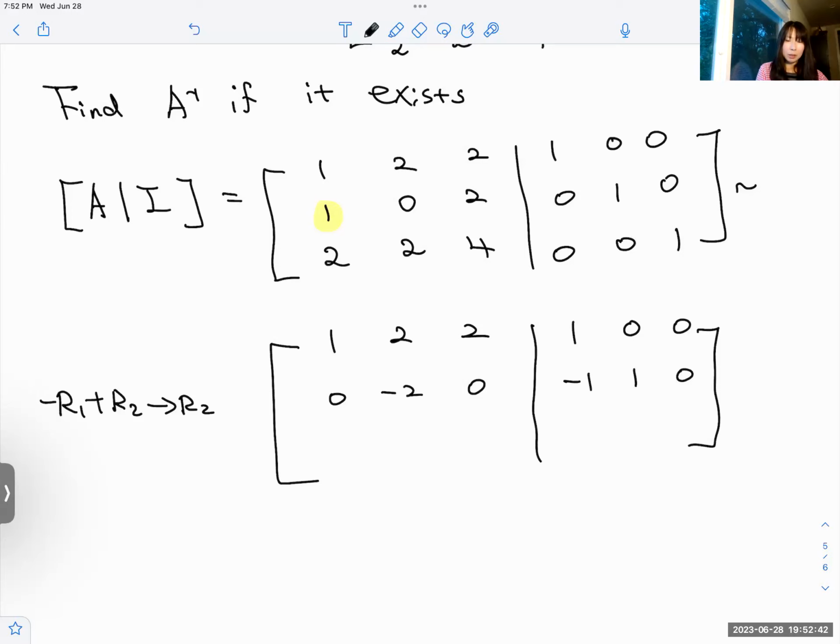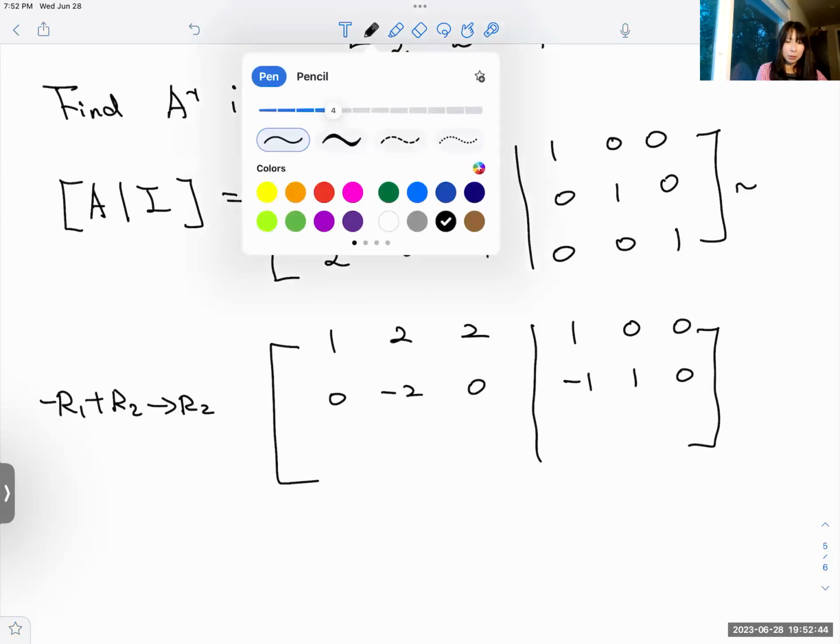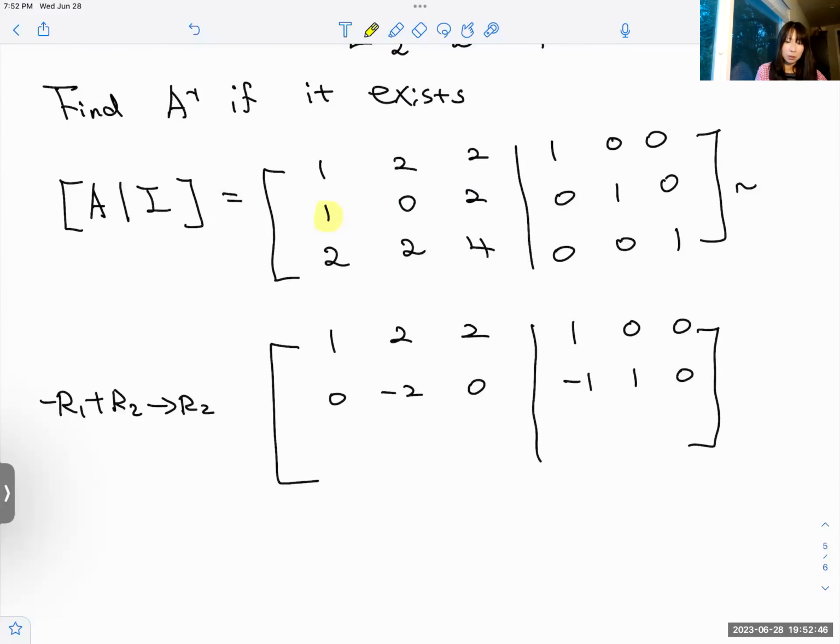All right. How do you make a 0? That is negative row 1 plus row 3, right?